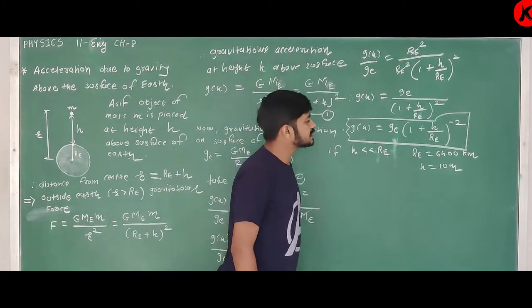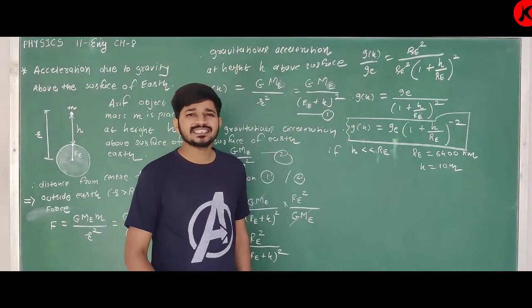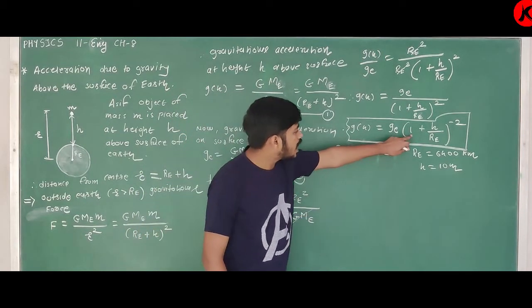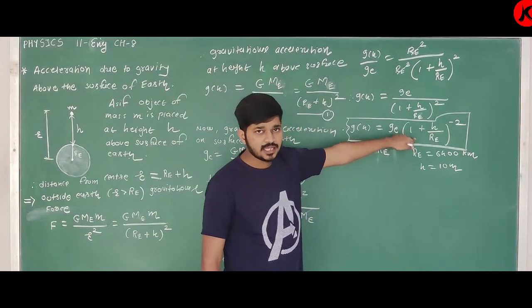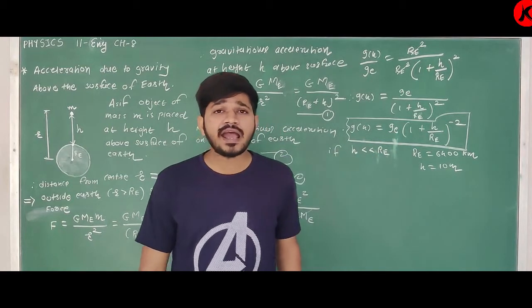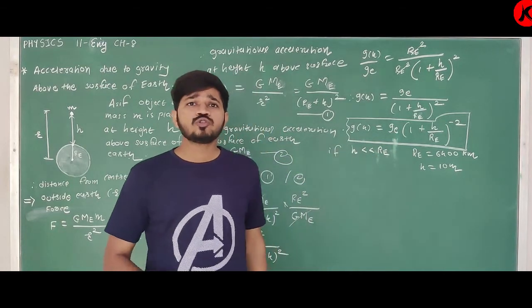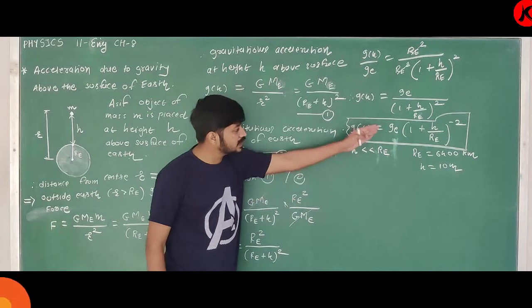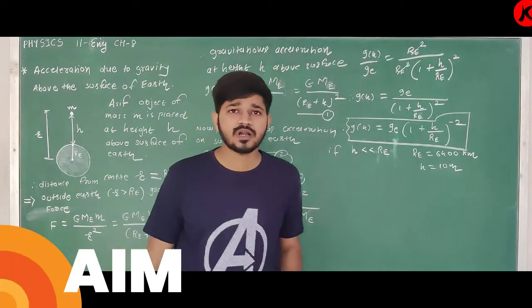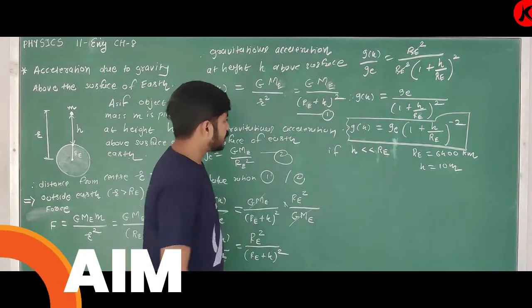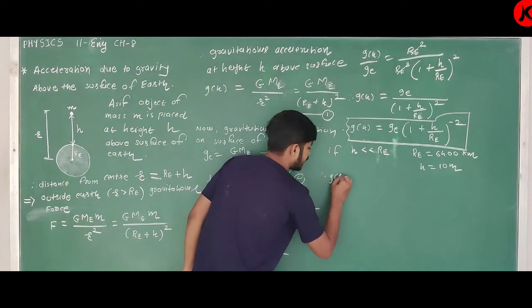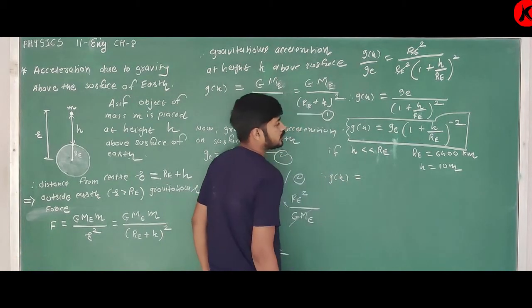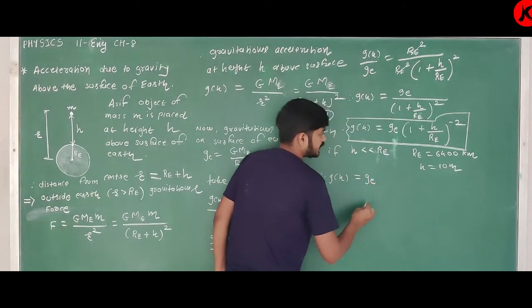So during such cases, how to expand this? Here I am writing the direct answer, but how to actually understand this, I will explain in the Zoom meeting. So here I can write g_h is equal to g_e.